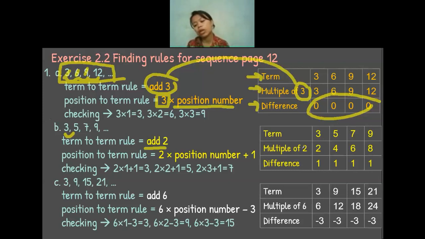Multiple of 2: 2 times 1, 2 times 2, 2 times 3, 2 times 4. To find the difference, 3 minus 2 is 1, 5 minus 4 is 1, 7 minus 6 is 1, 9 minus 8 is 1. So for the position to term rule, later the position number, we will multiply it with the term to term rule given, which is 2. So it will be 2 times position number plus the difference. The difference is 1, so we add 1.